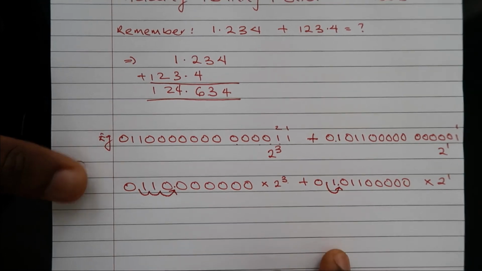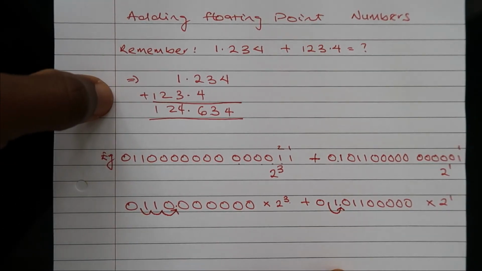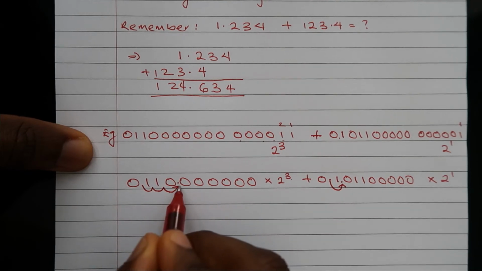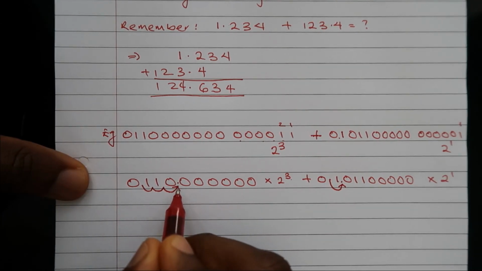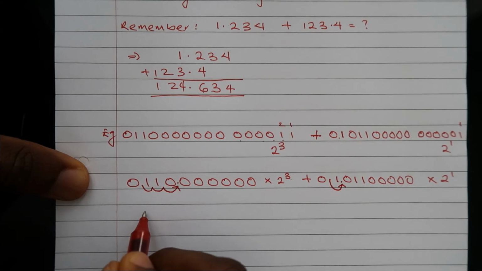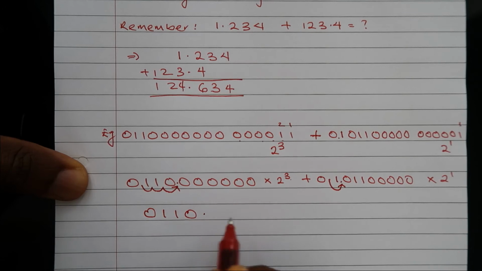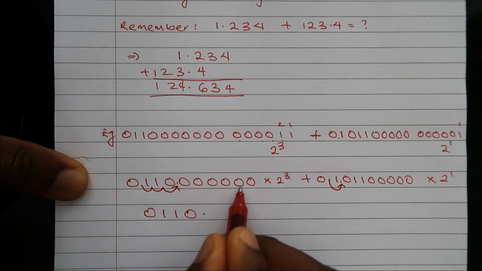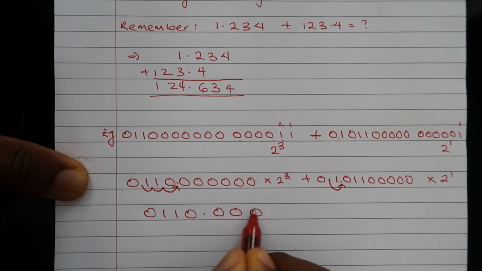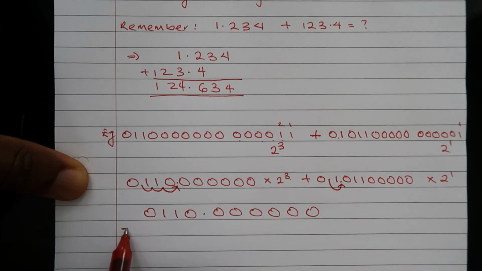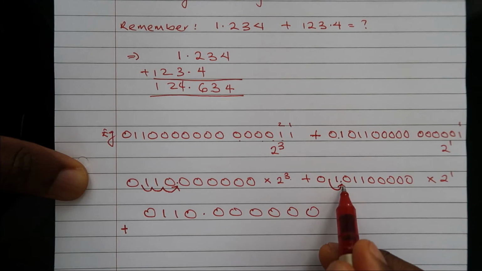Going back to what we did here, I'll write down this number showing where the new radix point is. The number I have there is 0.110.1234561, plus, now for this one, I'm going to align my point.